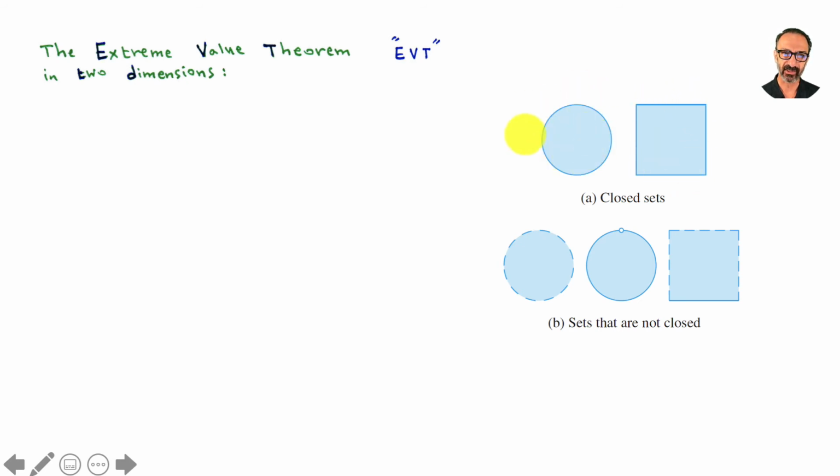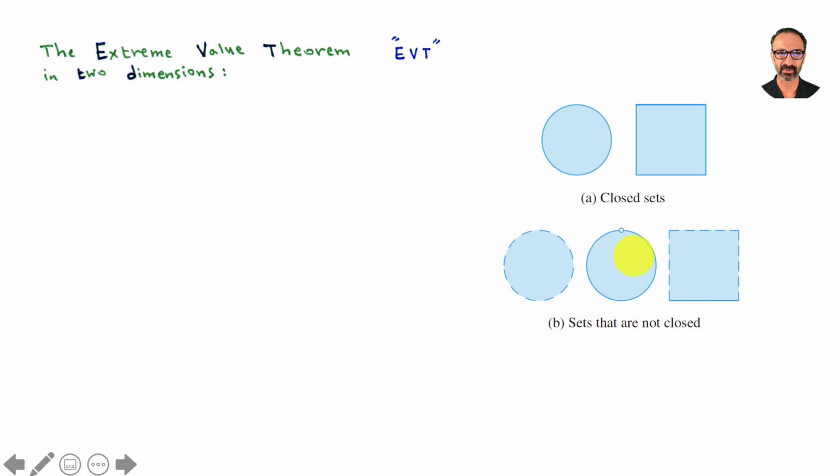Well, if you have a disk that is including the inside points and the points on the circumference, that is called closed. If you're missing a point right here, like this one, that's not going to be closed. Just by missing one point, that makes it not closed.